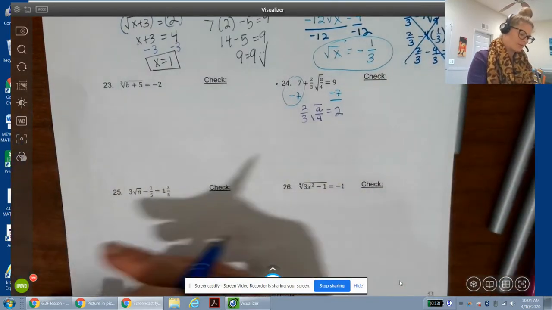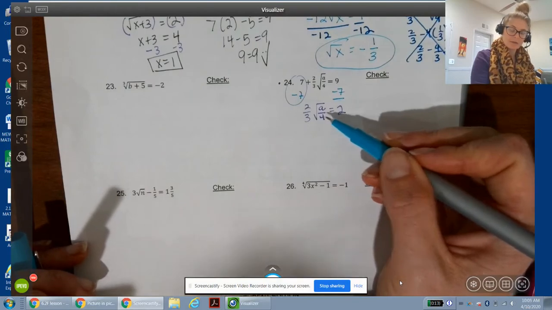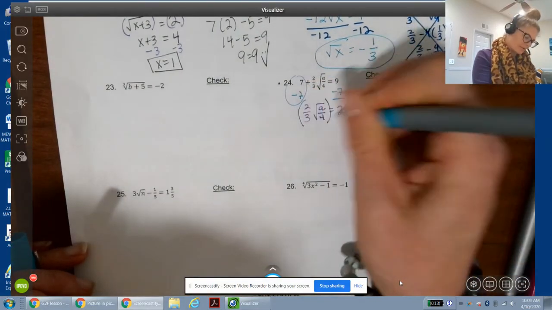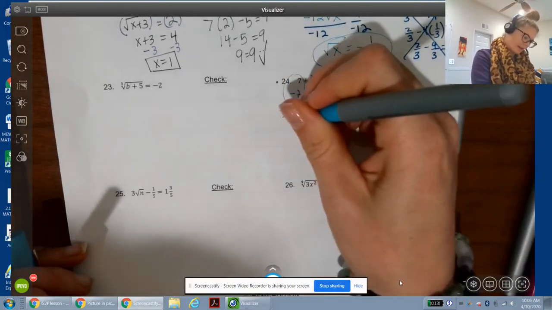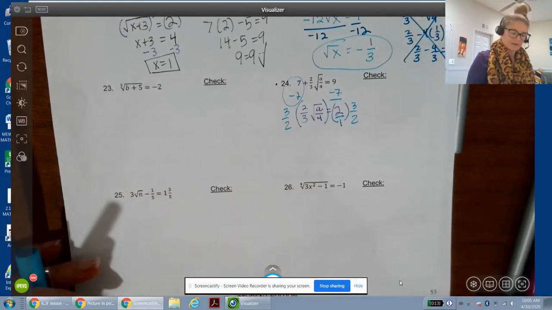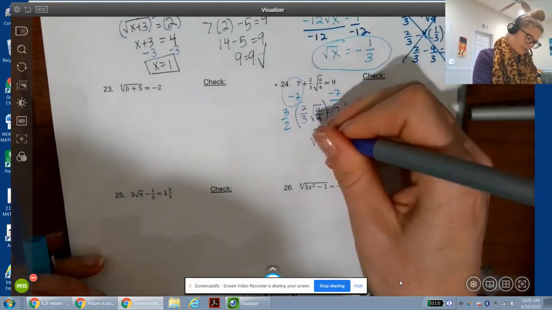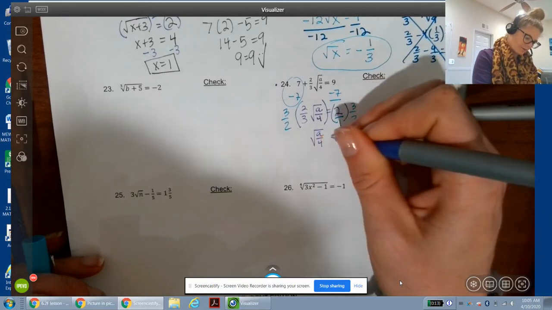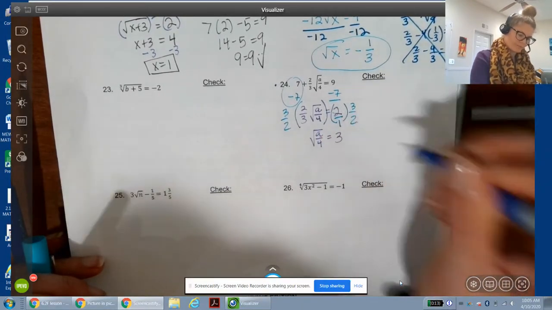From here, I need to get rid of multiplying by 2/3 to isolate my radical expression. So I'm going to multiply both sides by the reciprocal, 3/2. Put that over 1 because that's what I like to do. And I will have the square root of a over 4 is equal to, the 2's cancel out, 3.